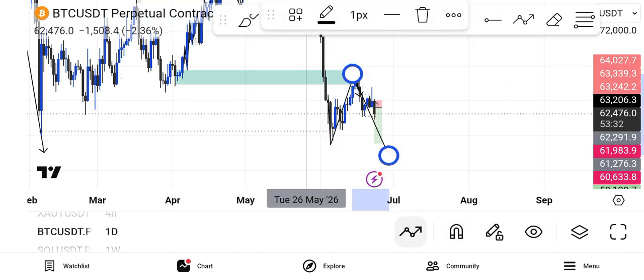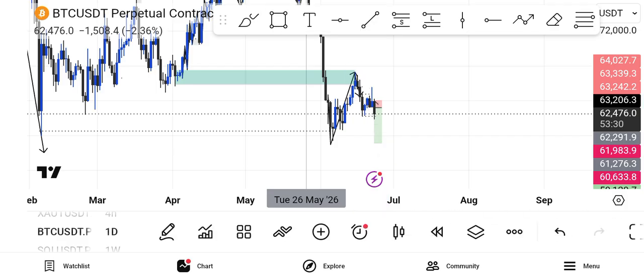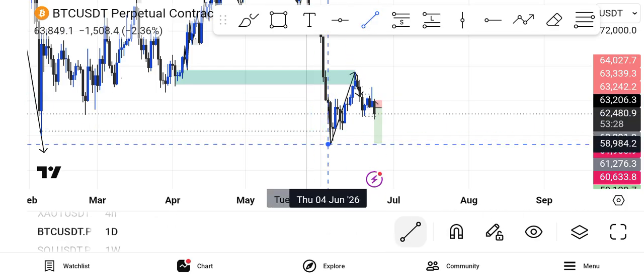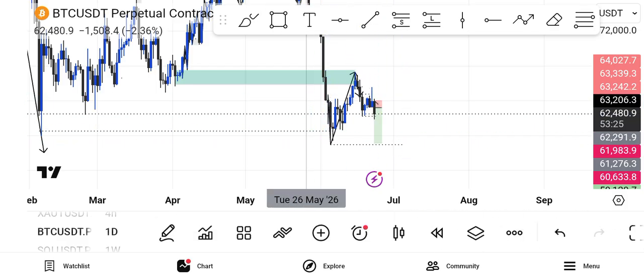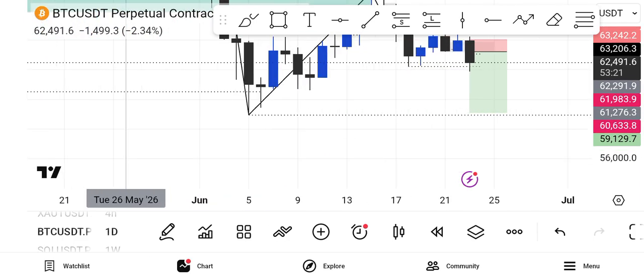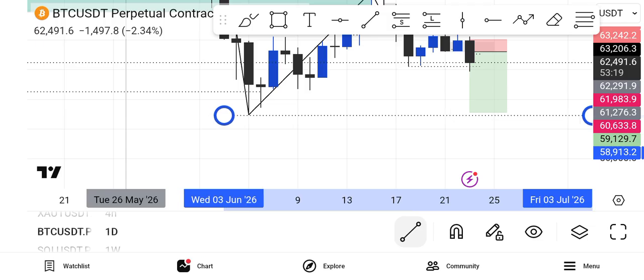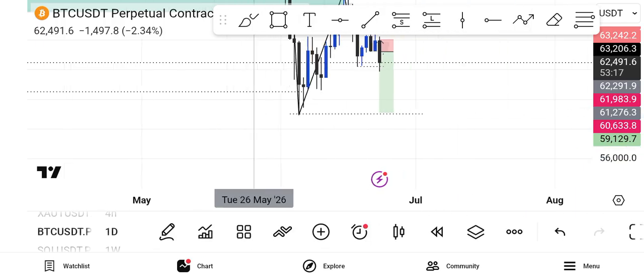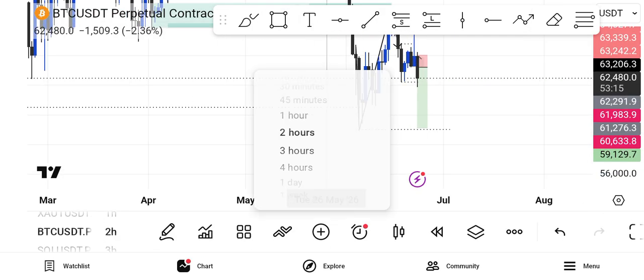So you can see that I understand where exactly the market is going. Since I understand where the market is going, I just have to position myself and flow with it without having to drag or panic.